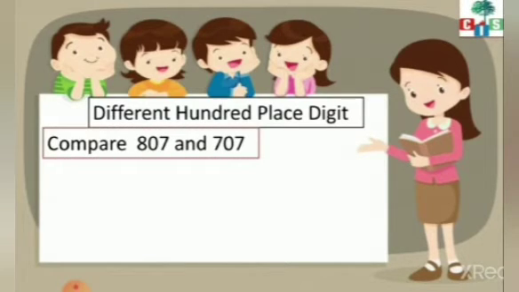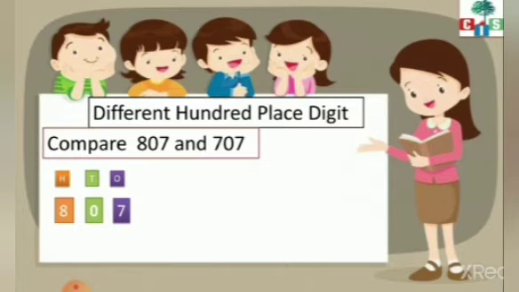Let's compare 807 and 707. So let us write these digits under the correct place value: hundreds, tens, ones. Your number is 807. So let us write 8, 0 under tens column, 7 under ones column. Now the next number, hundreds, tens, ones. So the next number is 707.